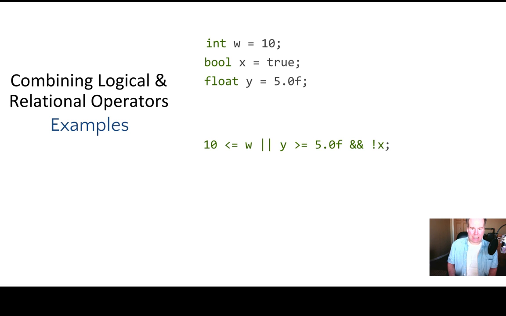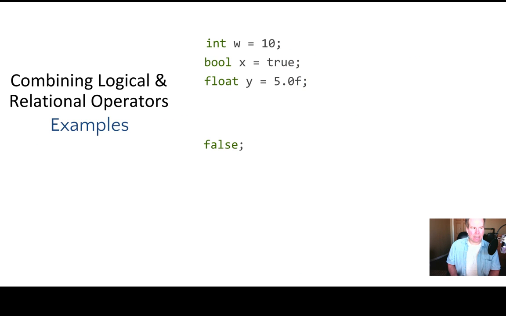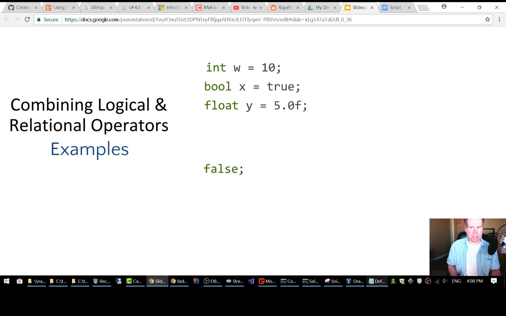So 10 is less than or equal to w. So that's true. And we short circuit, leaving us with true on the left-hand side and not. Yep. And then true becomes false, and it becomes a false statement. Cool. I mean, it's not ideal, but it'll do.